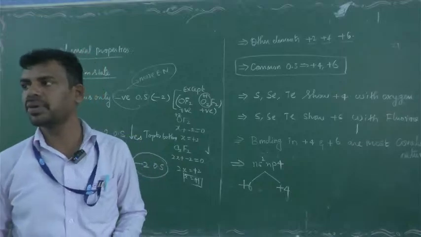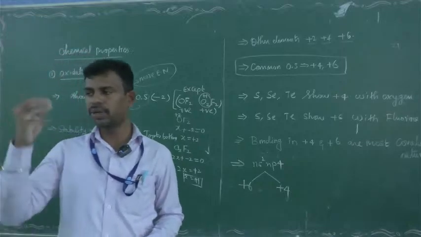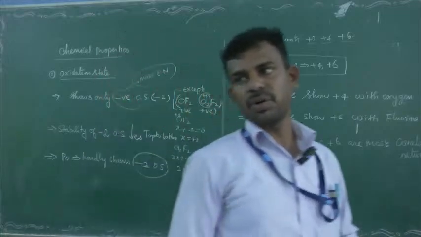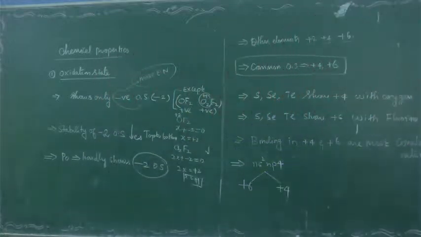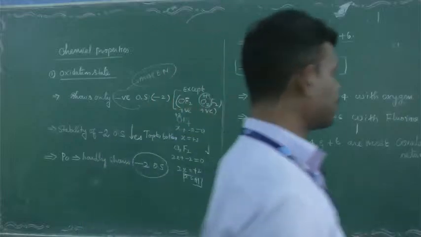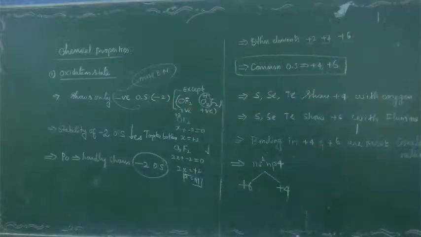Down the group, the stability of the plus 4 oxidation state increases due to the inert pair effect. Is it clear? So the most important thing is the oxidation state.